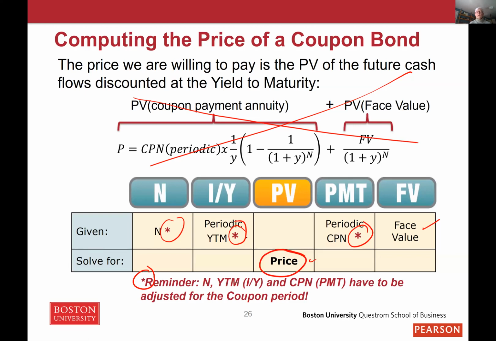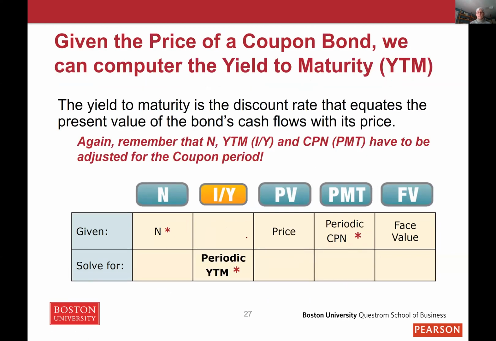If we give you the interest rate, you can calculate the price. If we give you the price, you can calculate the interest rate. Two things here. One is that if you pay the price, it's an outflow and everything else is an inflow. If you choose to think of the price as a positive, then you need to make both the payment and the face value an outflow.